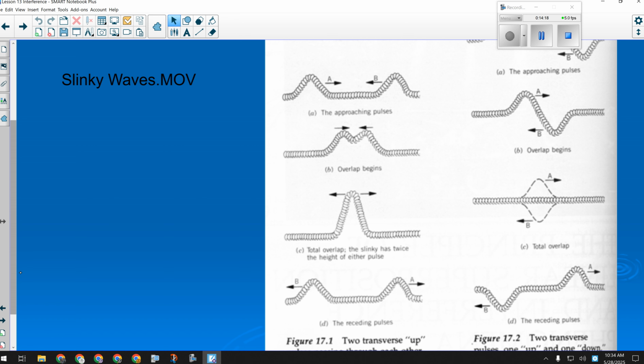When they overlap, that energy has to be conserved by the spring. So instead of having two separate waves with an amplitude of +1 each, for an instant, the slinky has an amplitude of +2. That's the amount of energy that's traveling through the spring at any one point. But when they occupy the same place, the amplitude gets bigger.